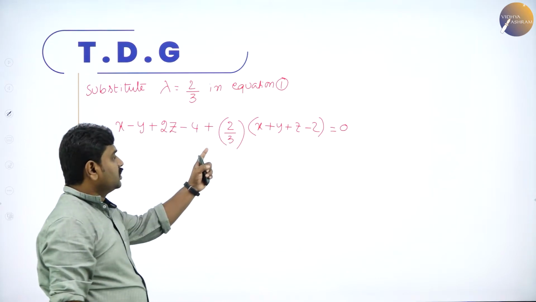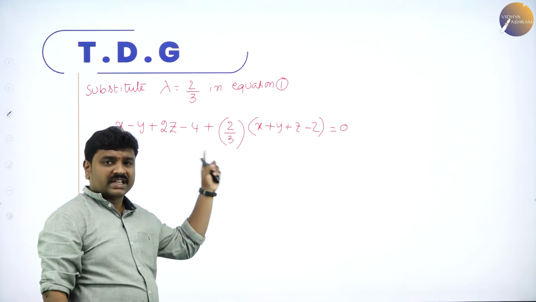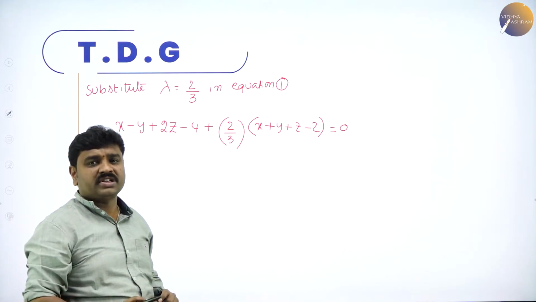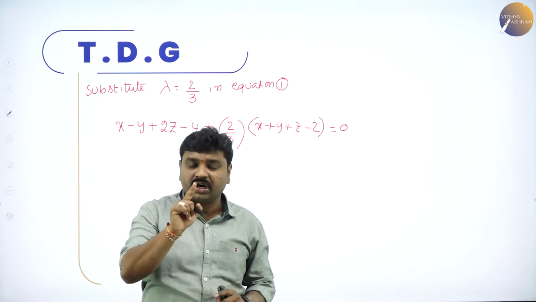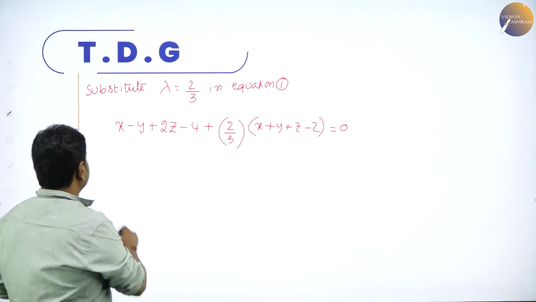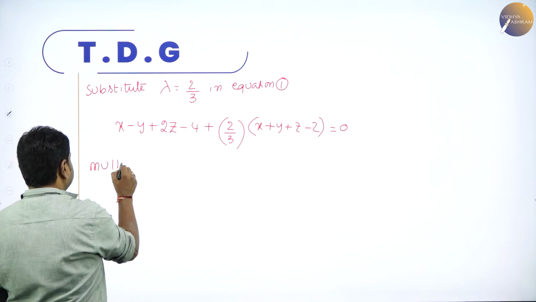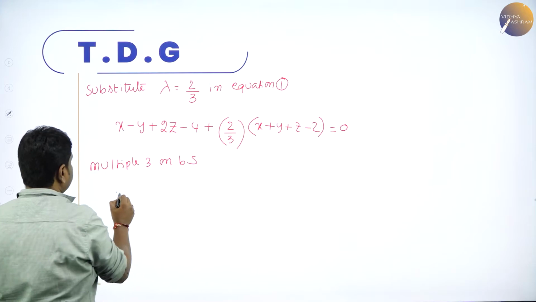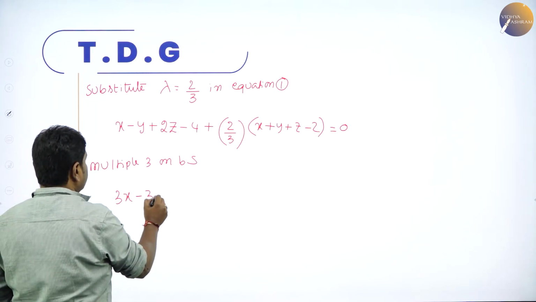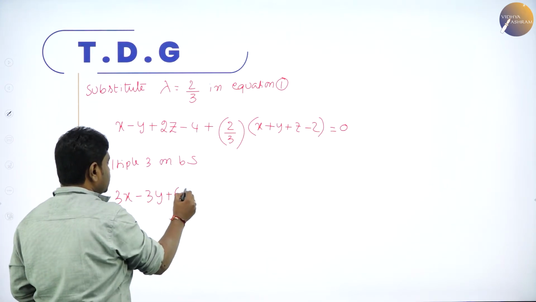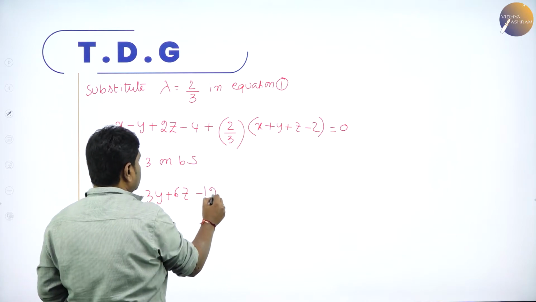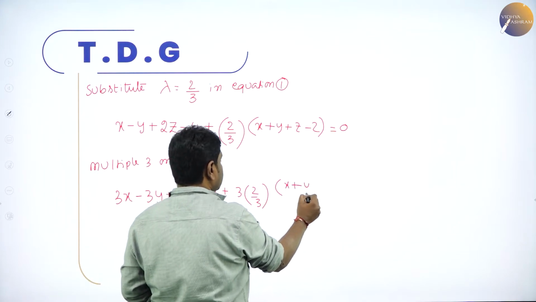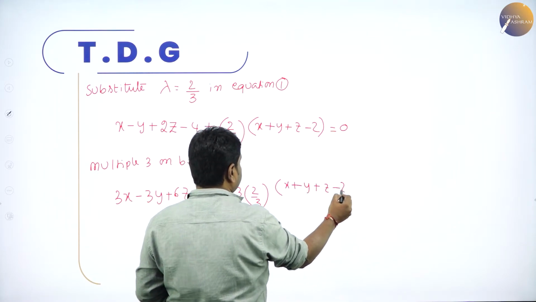Now dear students, we have denominator 3. To cancel that, multiply by 3 on both sides. Always the final equation should be in standard form, without a denominator. If you multiply by 3 on both sides, x becomes 3x, y becomes 3y, 3 twos are 6z, minus 3 fours are 12, plus 3 into 2 by 3 times x plus y plus z minus 2.